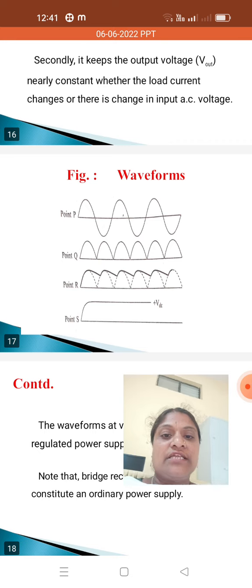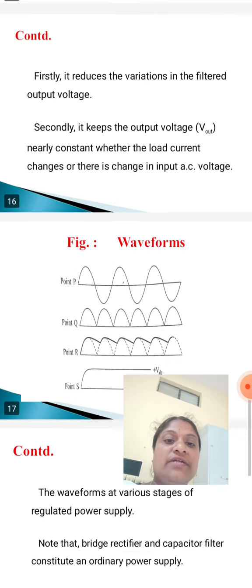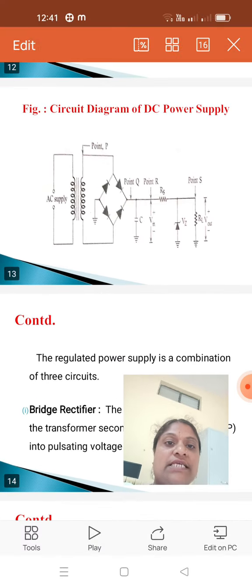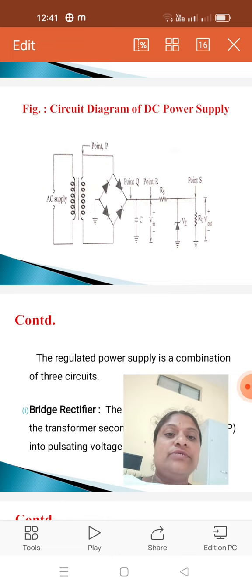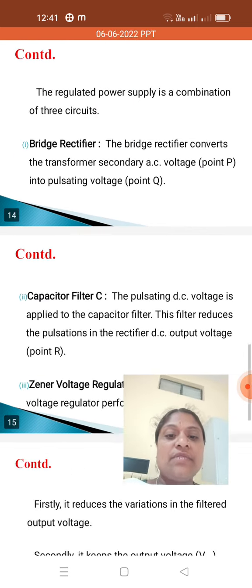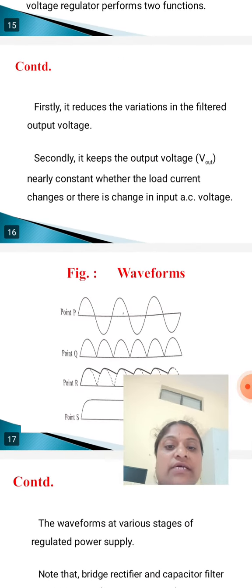The second waveform is the pulsating DC at point Q. This is applied to the filter circuit. The filter circuit changes it at point R, so it removes or reduces the pulsations in the rectified DC output voltage at point R.